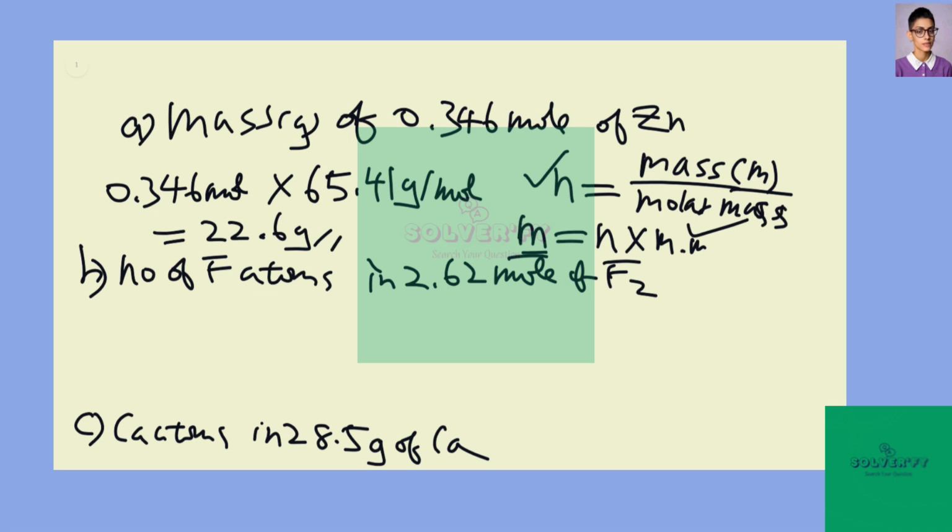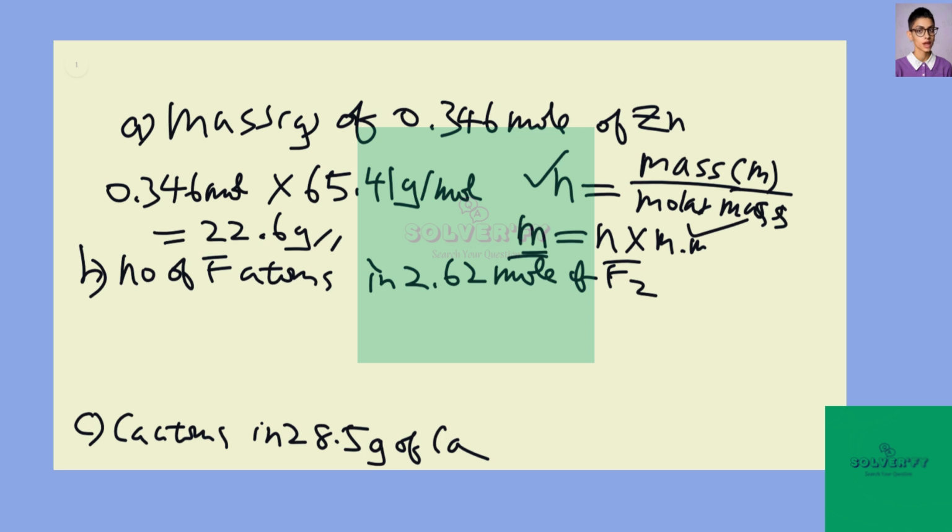Okay, part B. We have to find the number of fluorine atoms in 2.62 mole of fluorine. For part B, we have to know how to convert the number of individual atoms, where we count 1 atom, 2 atoms, 3 atoms, to moles of atoms.